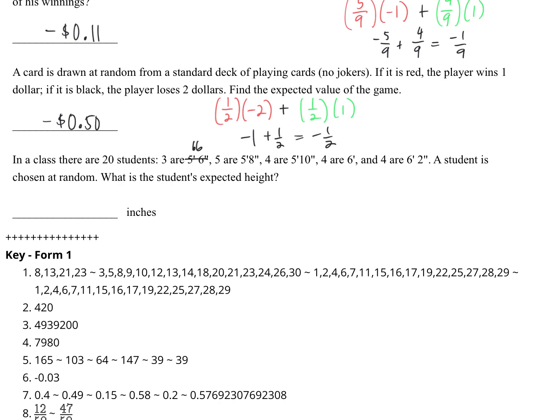And then we're going to do the same thing all the way down. So 5'8" would mean 68 inches. 5'10" would be 70 inches. 6 foot would be 72 inches, because we're just multiplying that by 12.